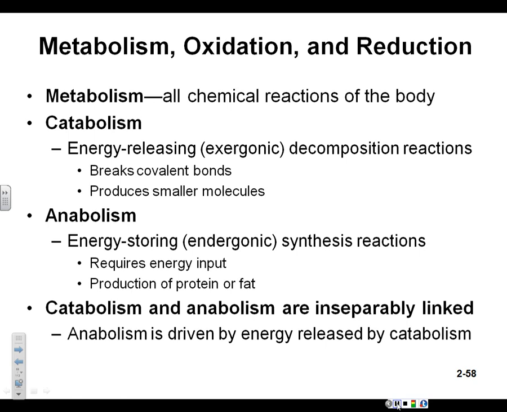That means I'm putting energy in. That's endergonic. Endergonic is added energy to stabilize. Exergonic is releasing energy. So catabolism and anabolism is the sum of what goes on in metabolism. Or oxidation and reduction. Right? Lose energy or gaining.